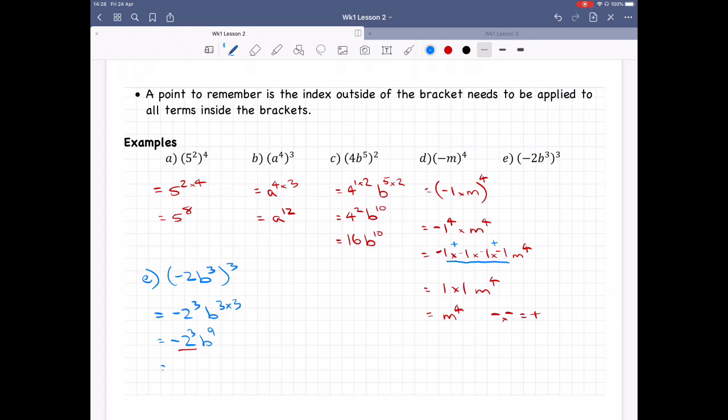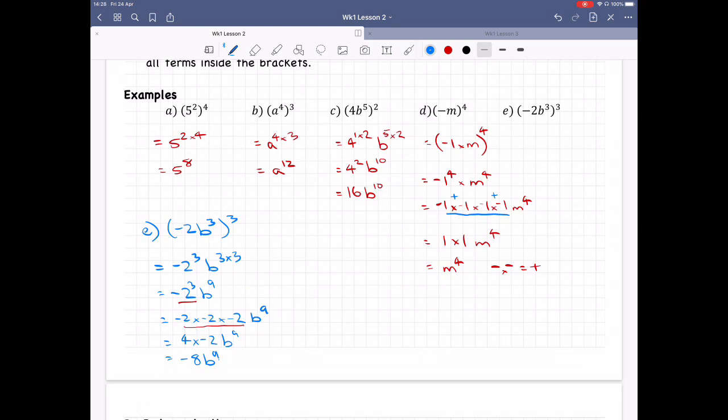And what we find is we have got minus 2 times minus 2 times minus 2, and then we've got the b to the power of 9. So again, let's focus on this part here. And what we have is minus 2 times minus 2, so we have positive 4 times minus 2 b to the power of 9, which leaves us with negative 8 b to the power of 9.